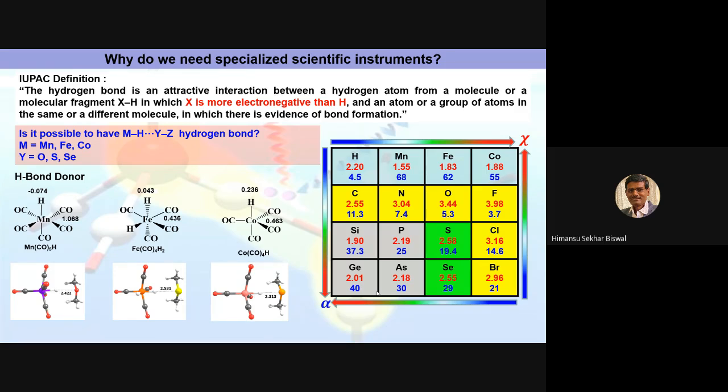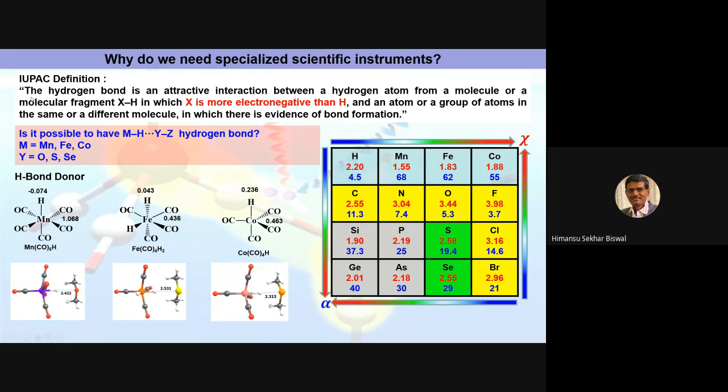So I'll start with one very simple topic, which I left from the last lecture. It is hydrogen bonding. As I said, the concept is more than 100 years old. But recently, in 2010, the International Union of Pure and Applied Chemistry, IUPAC, gave a new definition.